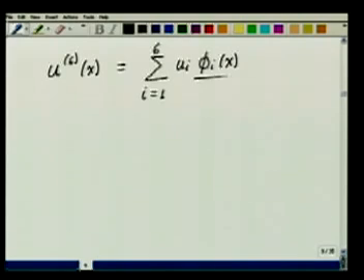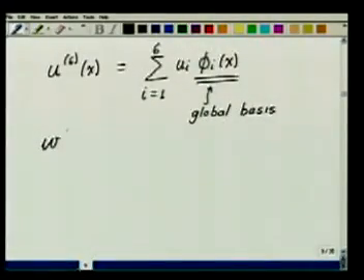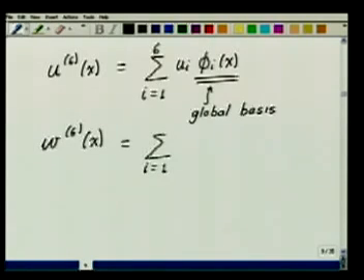Again, let me reiterate that these phi i's are called the global basis functions. Now, what we are going to do further is take w to be of the same form as u. That is, the w that we use in our weak formulation will also be represented in terms of the same global basis functions. In fact, this is what we will do throughout this course.